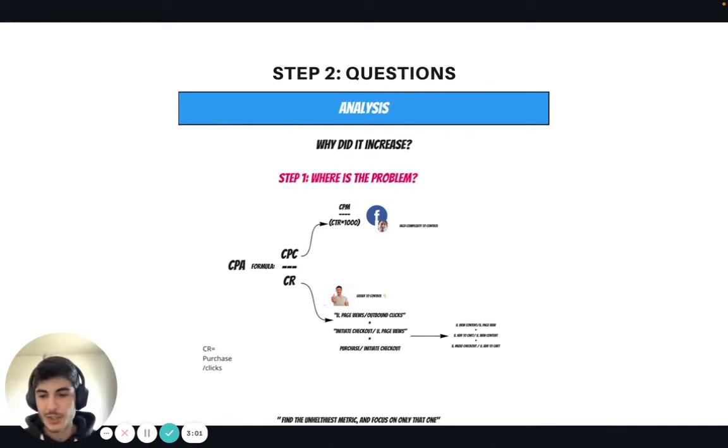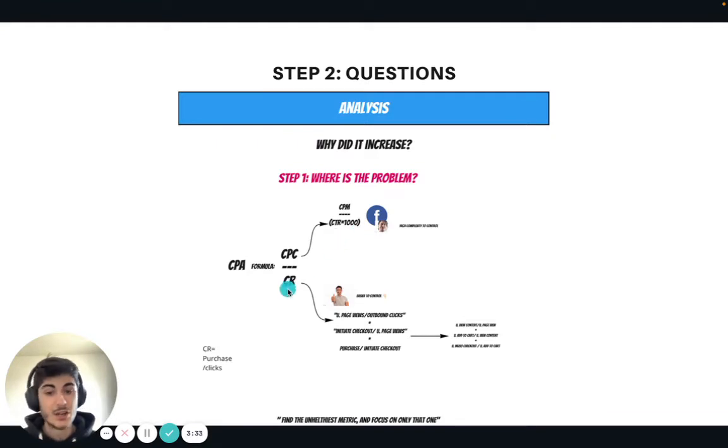There is a linear way of deducing this: structuring a set of formulas that describe a certain metric or KPI that we want to track. For example, CPA, or cost per order, is equal to cost per click divided by conversion rate. Cost per click is composed of CPM, cost per thousand impressions, divided by CTR times 1000.